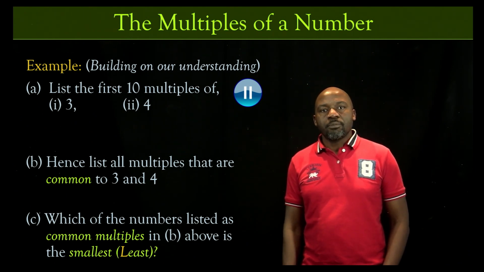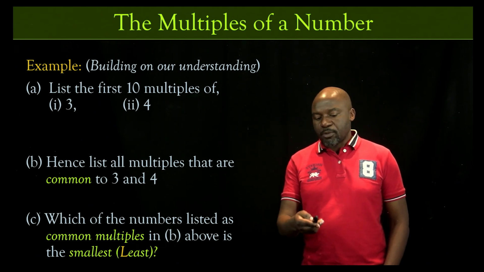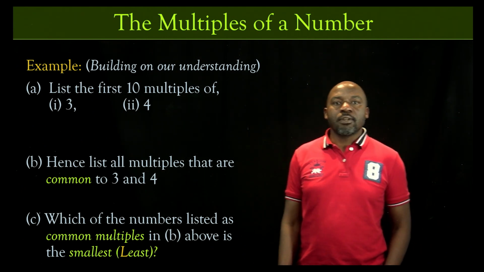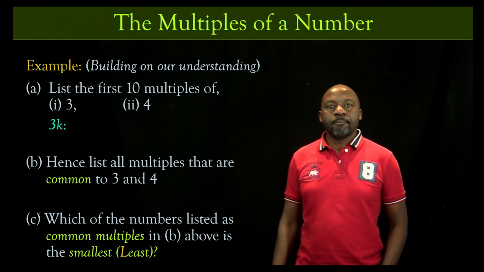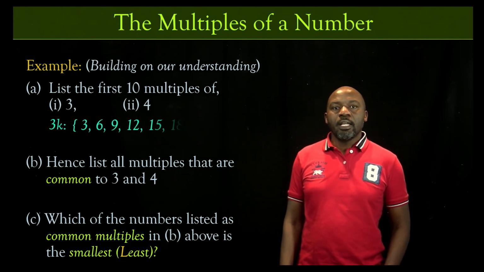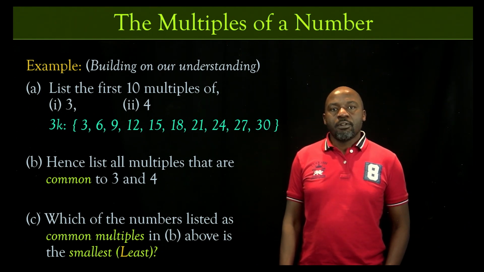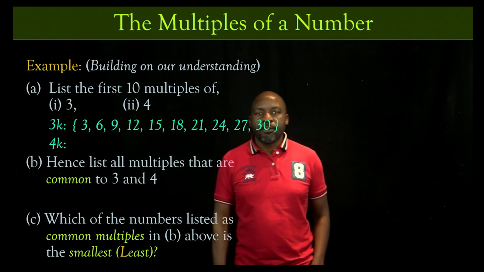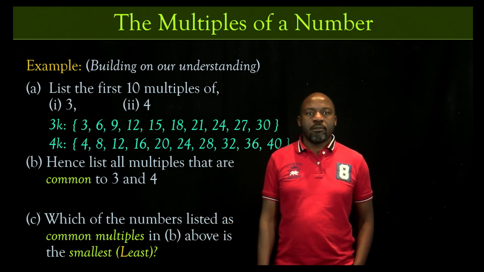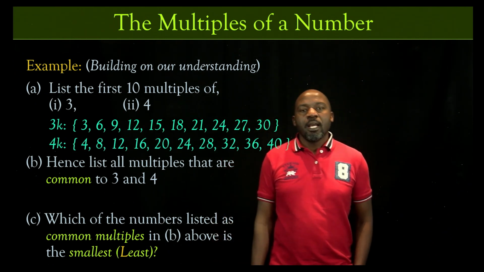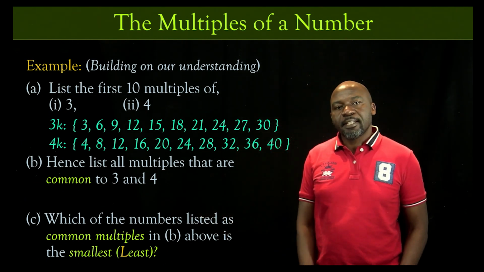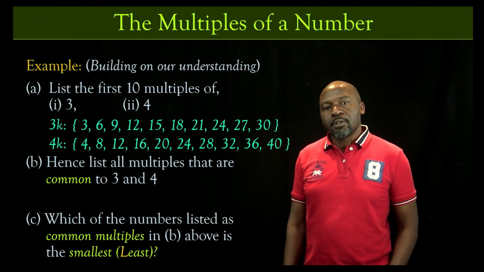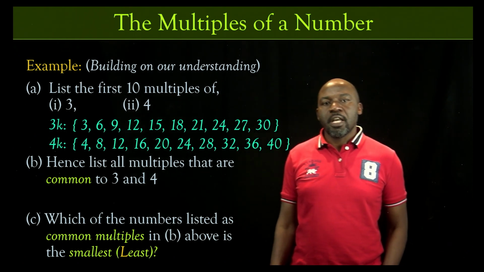So the multiples of 3: we know they are 3 times 1, 3 times 2, and so on. I'm listing them there. Those are the multiples of 3. And the multiples of 4 are 4, 8, 12, and so on. The multiples of 4 are right there. The next part says, hence, list all multiples that are common to 3 and 4.